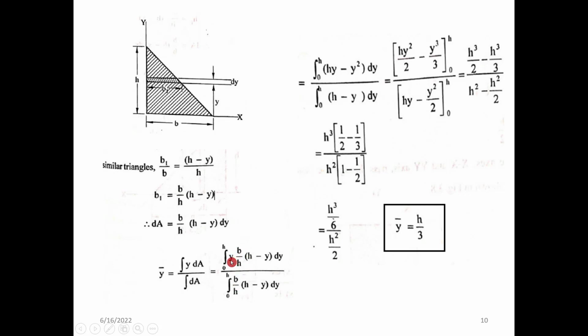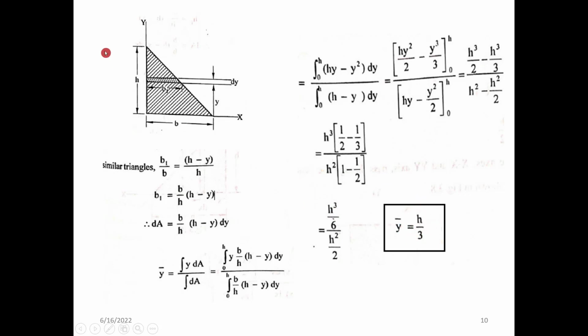So y into h minus y comes in the numerator, and b and h cancel with respect to the denominator. Then you integrate it over h, the vertical value. You can do the integration and after simplification you will end up with y bar equal to h by 3.